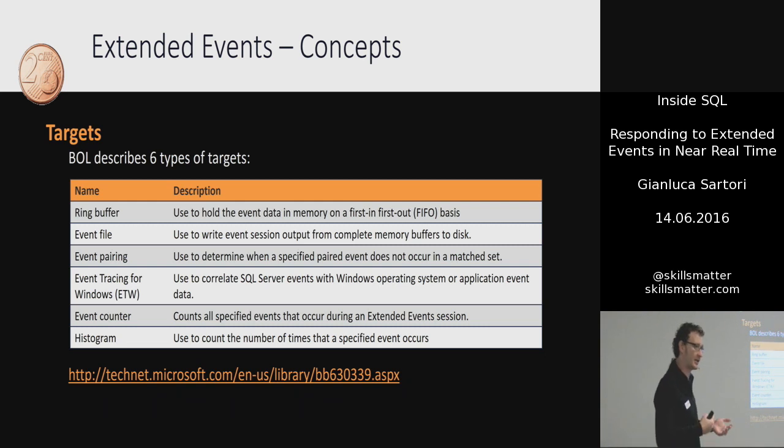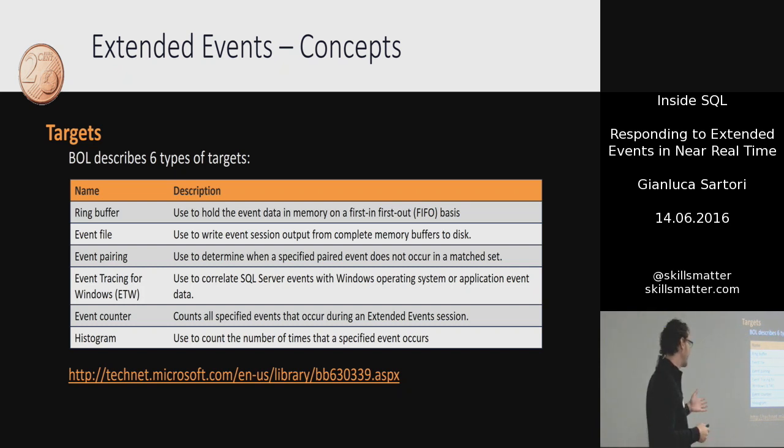So it's useful when you have to record for a short time some events and you want to keep them in memory readily available. The event file is very similar to what we have with SQL Trace. So the events are captured, are saved to a file, and then you can inspect the file later to find whatever you're interested in for your analysis.